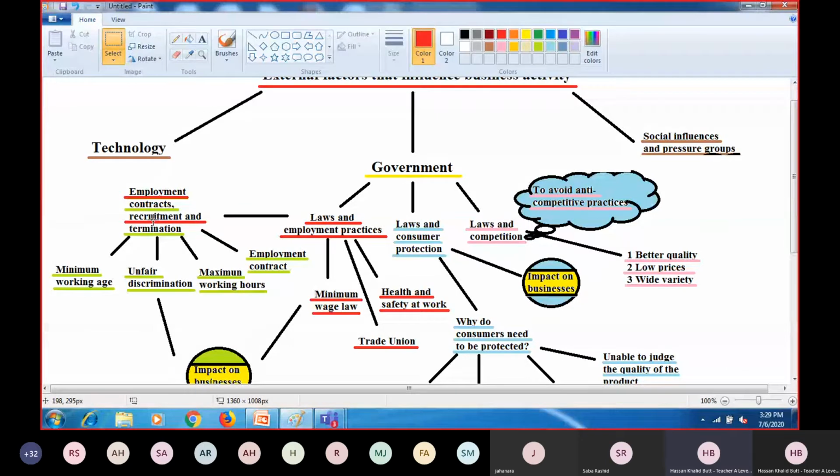So again, when recruitment is there, you cannot hire a worker just on the basis of his or her caste, color, or creed. Or maybe because the person is your relative or close to you or your friend, you cannot hire that person simply, even if you have a private company, because in that case, if you have advertised in a newspaper, then all the candidates must be given equal opportunity of being selected.